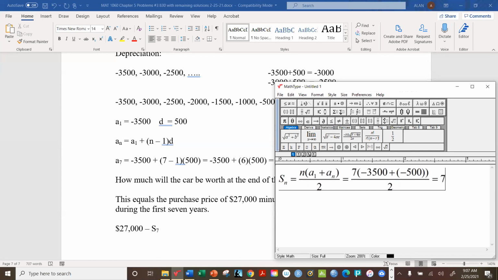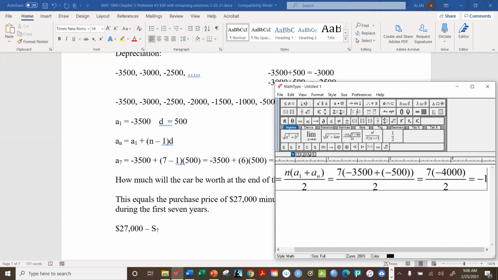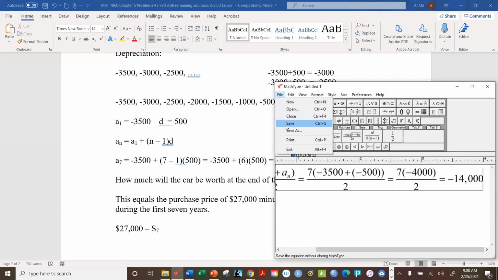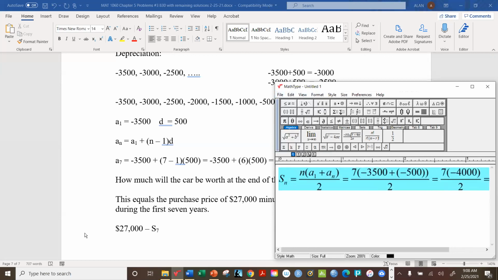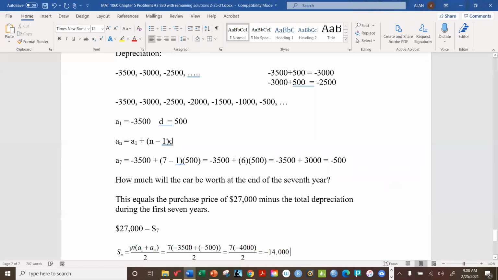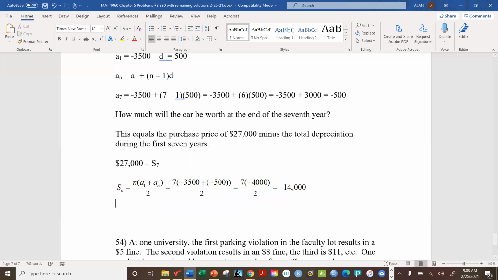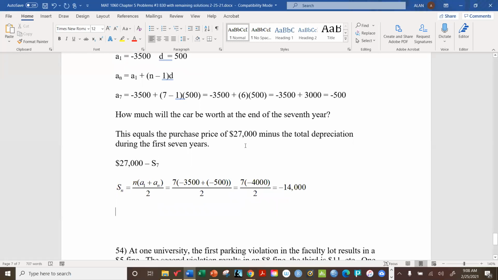So we're going to have 7 times negative 4,000 over 2, and that turns out to be minus 14,000. All right, so S7 is actually negative 14,000.